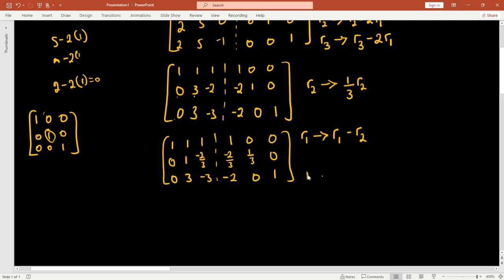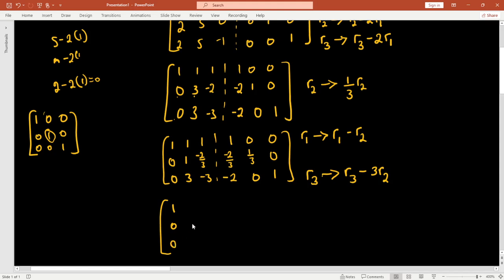Then we go to row number 3, should be equal to row 3 minus, so what can we do to get a 0 here? We can multiply this by 3, so 3 minus 3 should be 0 there, so we're going to say 3 row 2 here. Okay, so we do this like this, so we have 1 0 0 there.